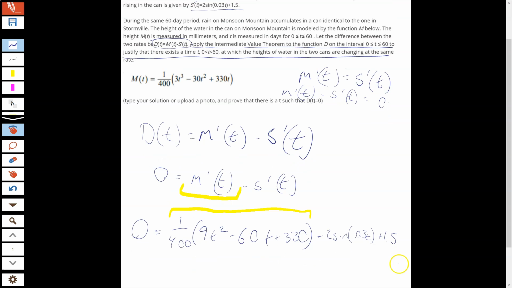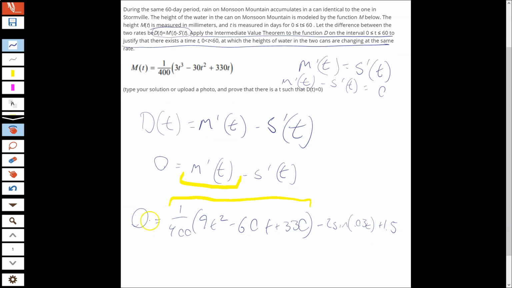So what we can't do is solve this equation easily, right? Because it's got this polynomial part and then this trig part, the sine part. So figuring out what t would be for this equation is hard, but proving that there is a t is easy.